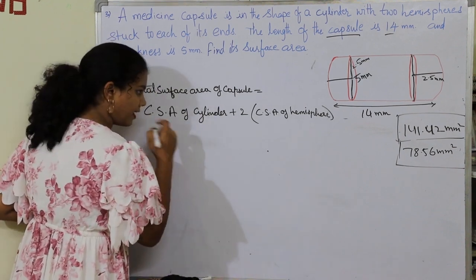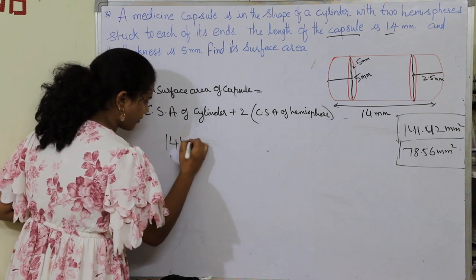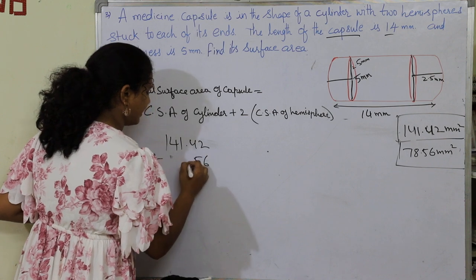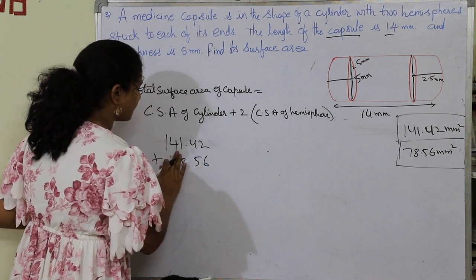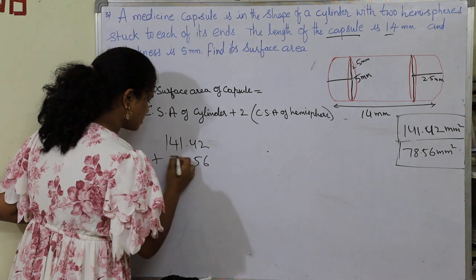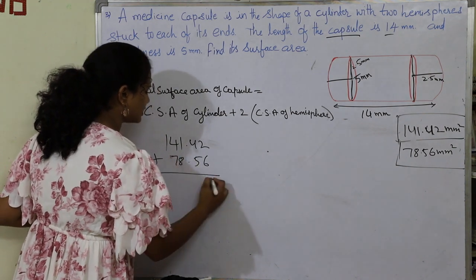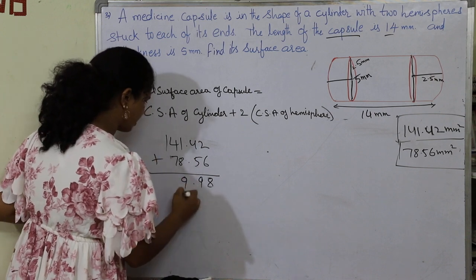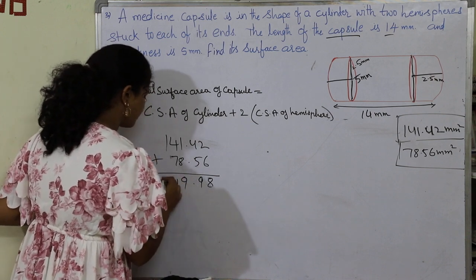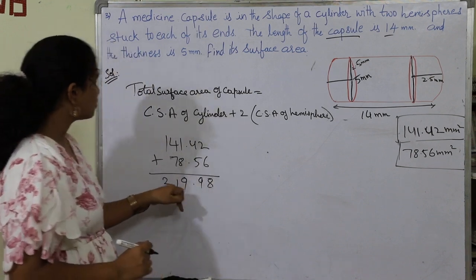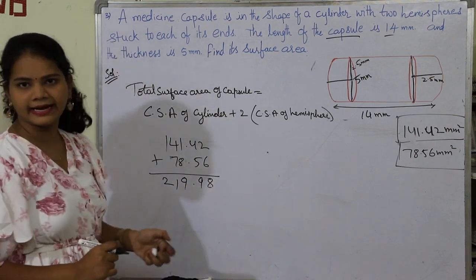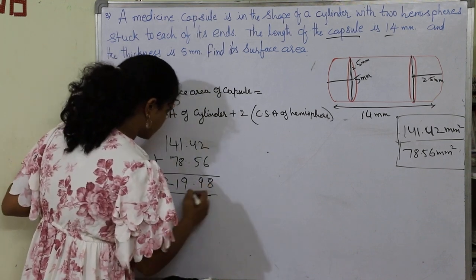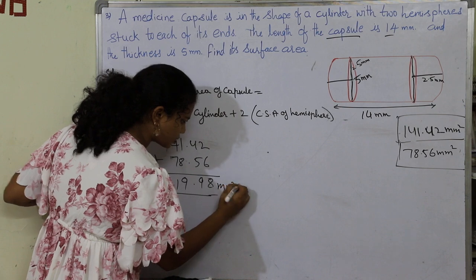So this becomes 219.98 millimeter square.